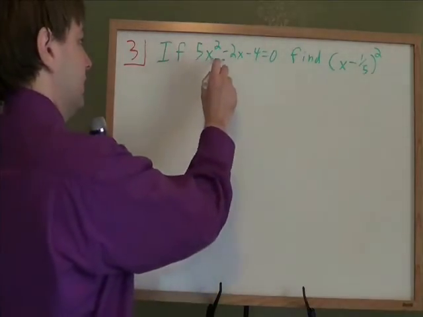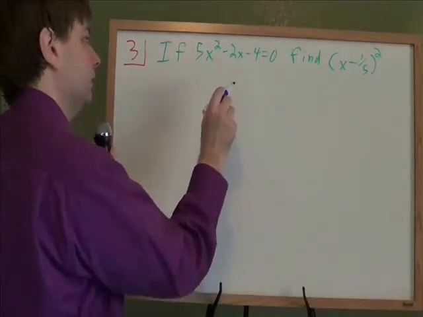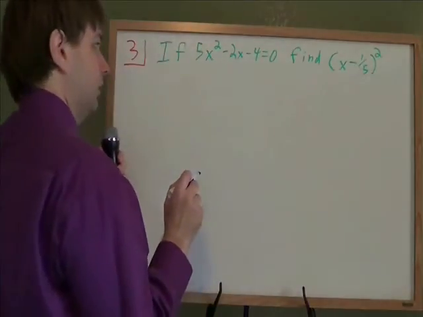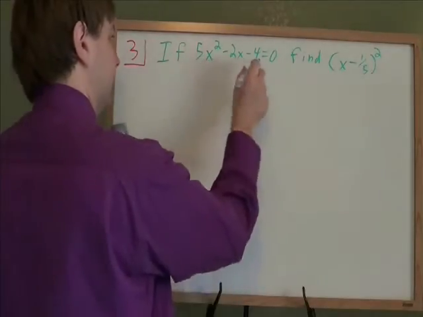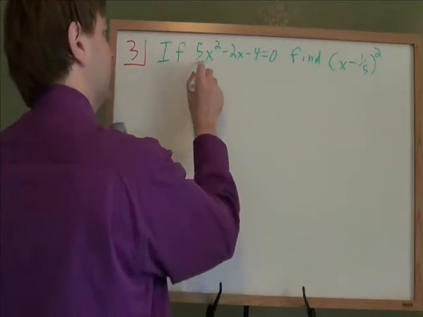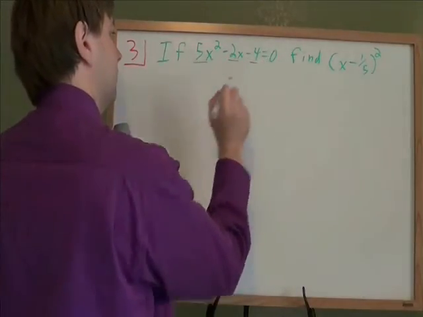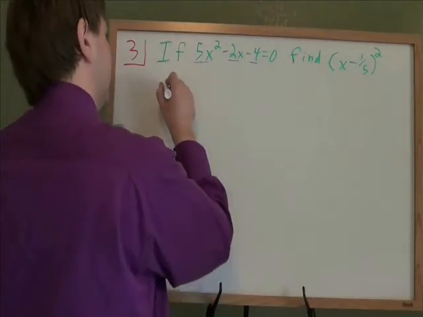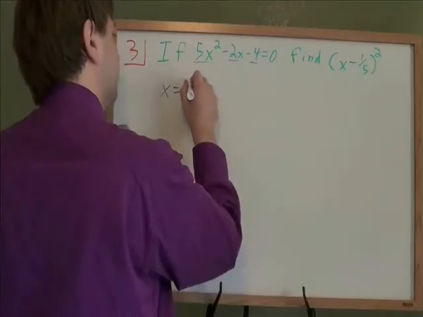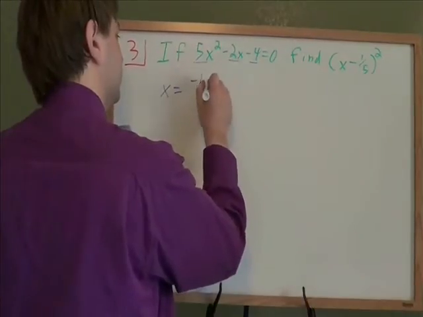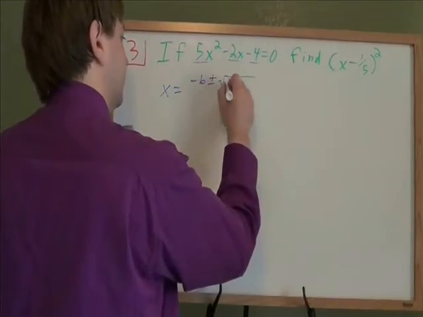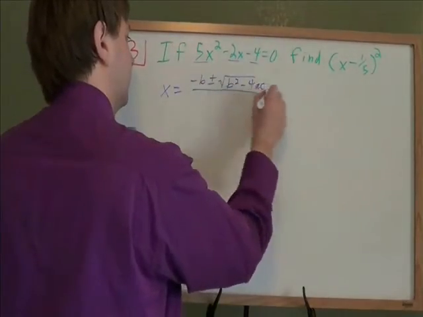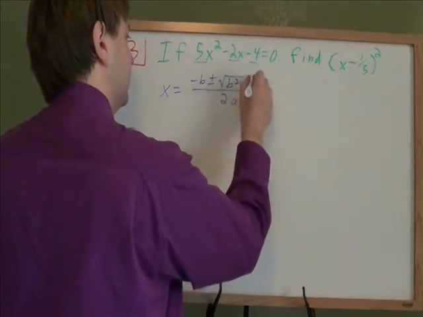If 5x squared minus 2x minus 4 equals 0, find x minus 1/5 squared. Well, a good starting point is to try to find x. What we have here is a quadratic equation, which means we can use the quadratic formula on it. Our x here is going to be negative b plus or minus square root of b squared minus 4ac all over 2a.